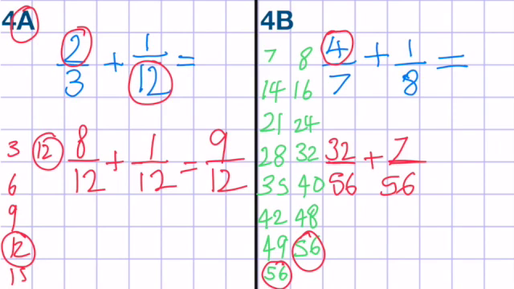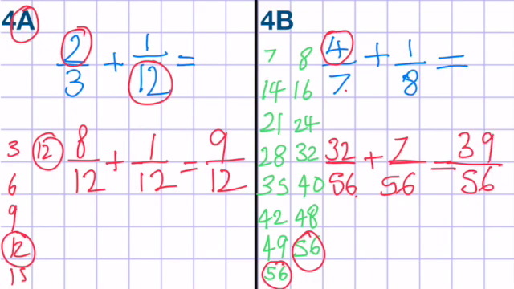So let's just double check that. To make 7 into 56, we times it by 8. And then we do the same thing to the numerator. 4 times 8 is 32. And then we've times that by 7. Okay. So here, 56 is the same denominator, and then it's going to be 39.